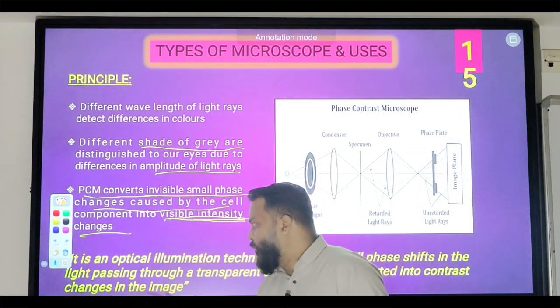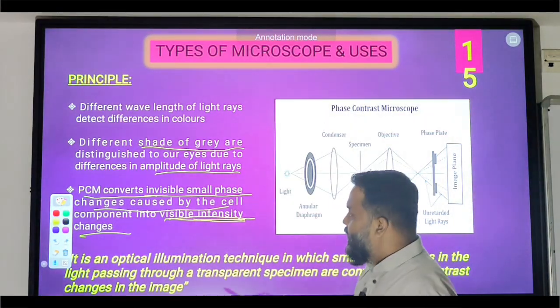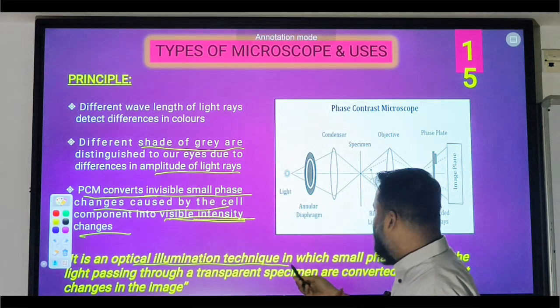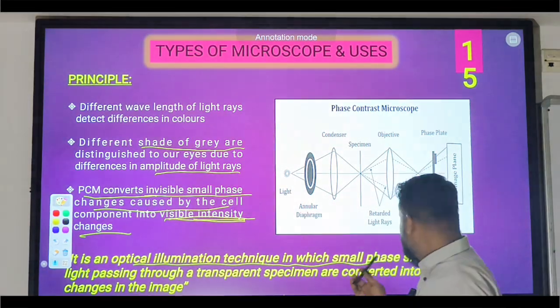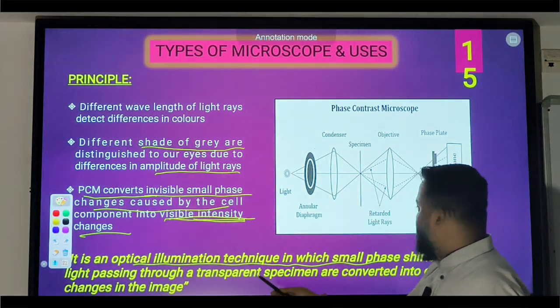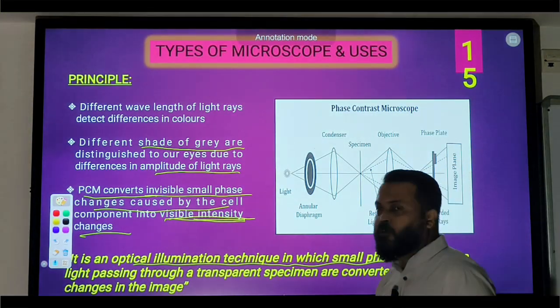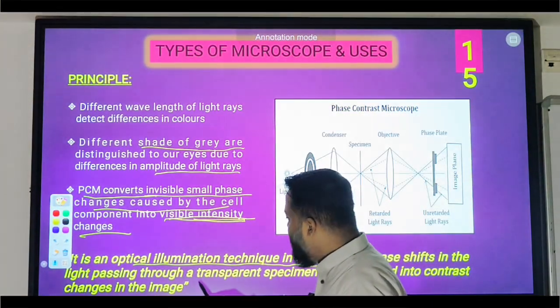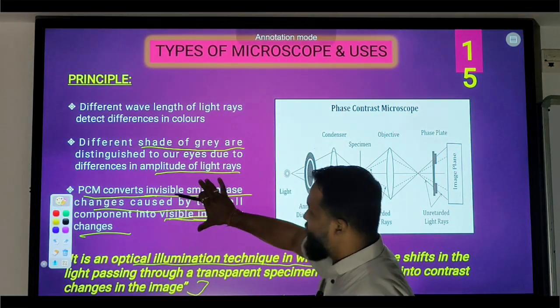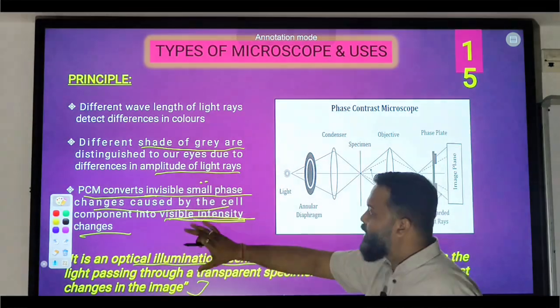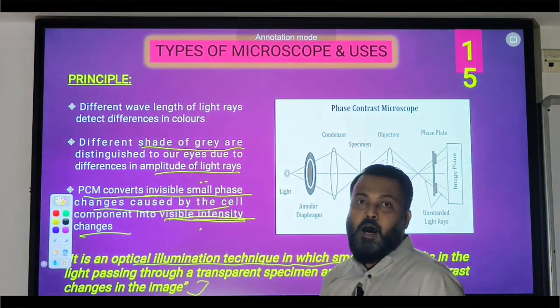So a bookish definition is there. It is an optical illumination technique in which small phase shifts in the light passing through a transparent specimen are converted into contrast changes in the image. But I prefer to go through the simpler statement for the students, because it becomes easier to understand.